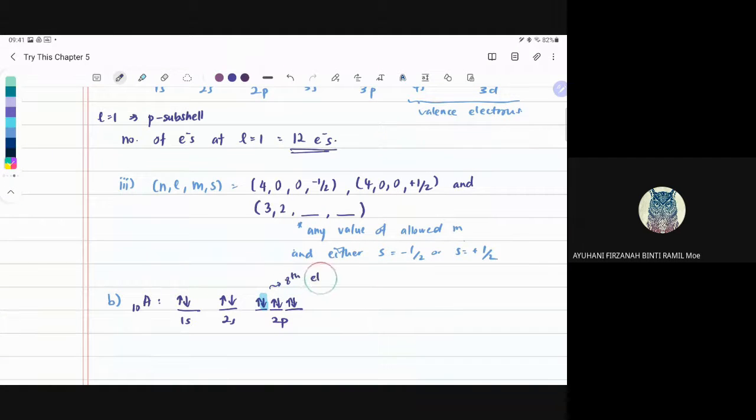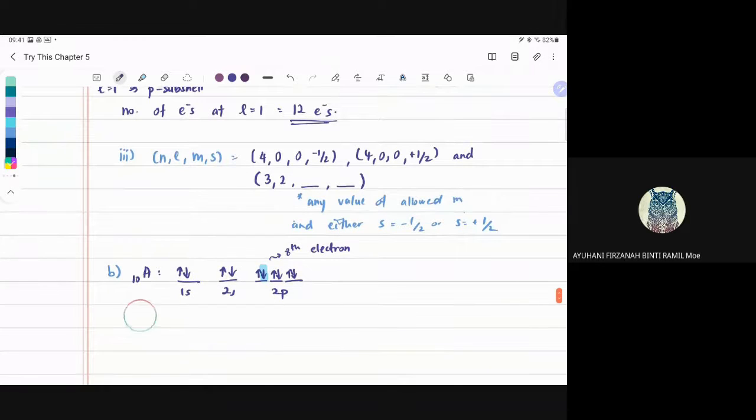8th electron. Jadi quantum numbers dia adalah N, L, M, S sama dengan dekat orbital 2p, okay, so dekat subshell 2p, so N sama dengan 2, L sama dengan 1. M kita boleh pilih mana-mana lah, kosong ke, 1 ke, positif 1 ke, ataupun negatif 1, kosong, ataupun positif 1.